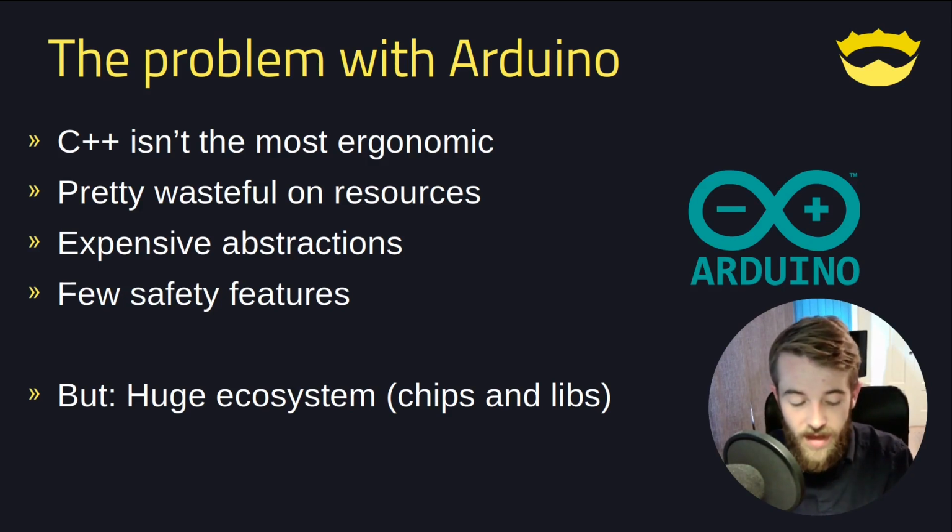So when looking at the spec sheet of the device that we were using, it was really quite a capable device. But running MicroPython, you just ran out of program memory super quick.